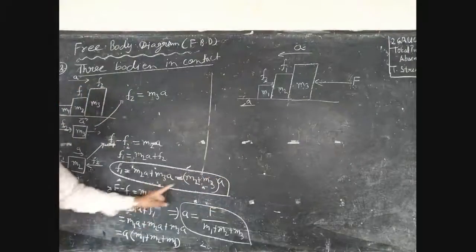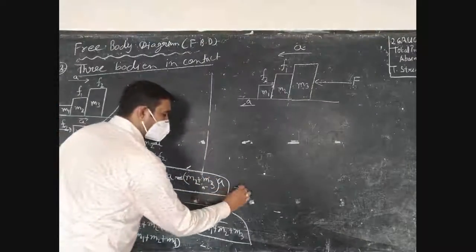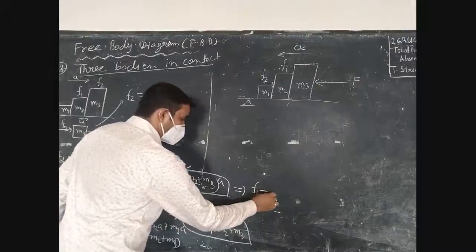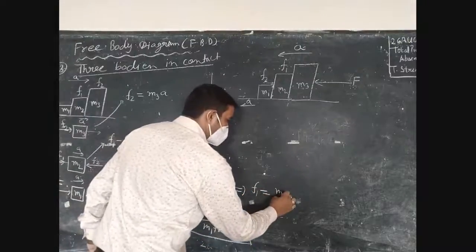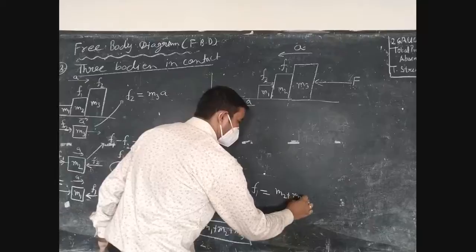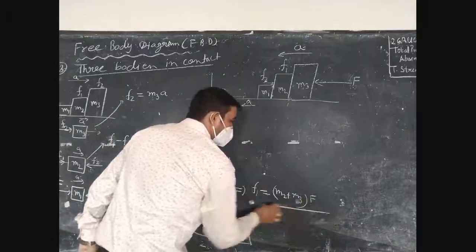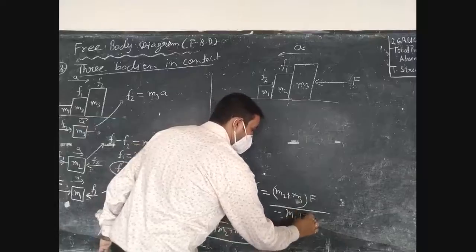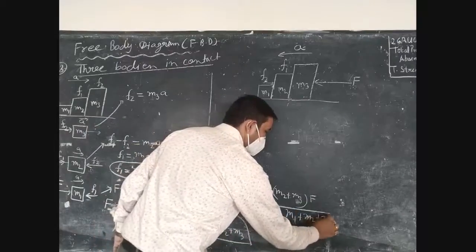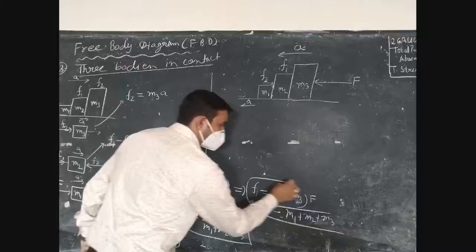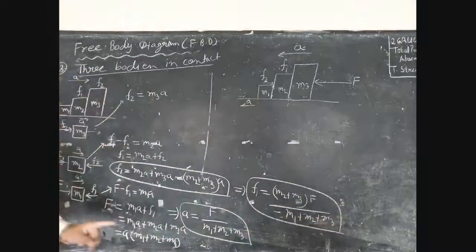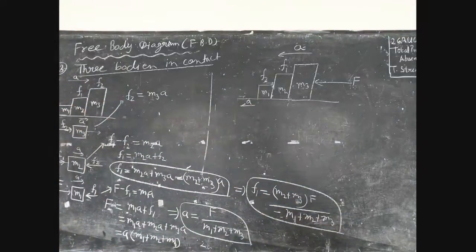Use the value of A in F1. Then you will get from here this F1 is equal to M2 plus M3 and value of A, F upon M1 plus M2 plus M3. This is the first opposing force.